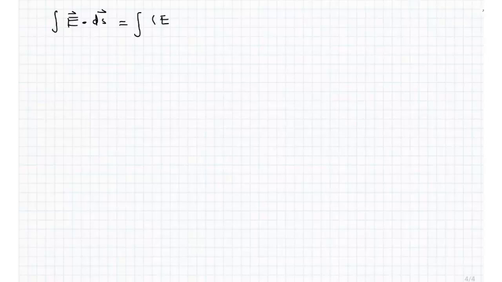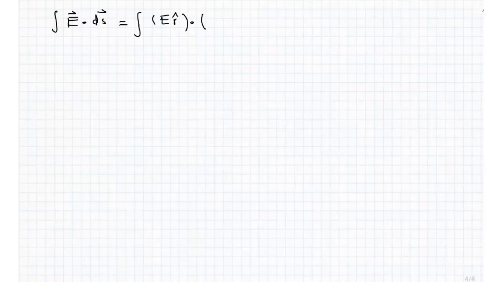We can write the integral of E dot ds. We know that the electric field has radial direction or cylindrical symmetry, so we can write the electric field as magnitude E and direction r, dotted with ds.